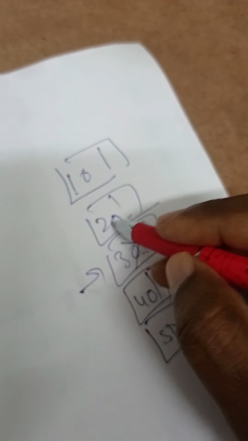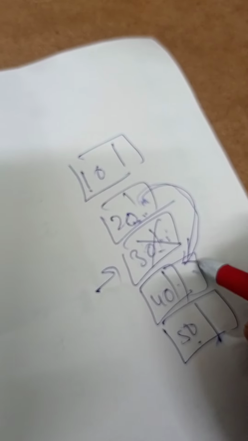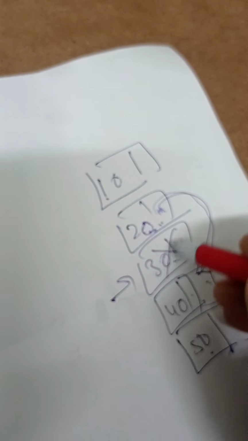Suppose I remove this, then this 20 should not point to 30, it has to point to 40. The top of the stack, or the address of this, should not point to this memory location, it has to point to this memory location. This is after deleting.